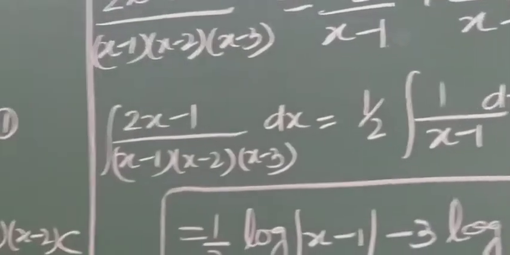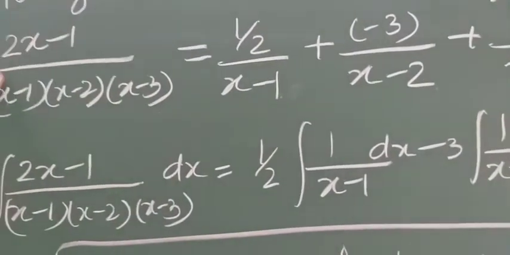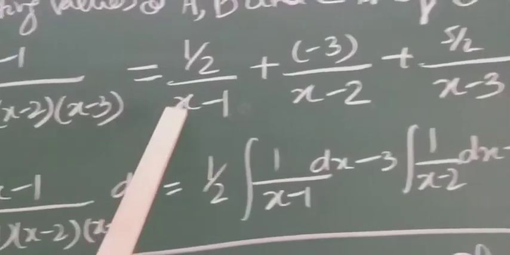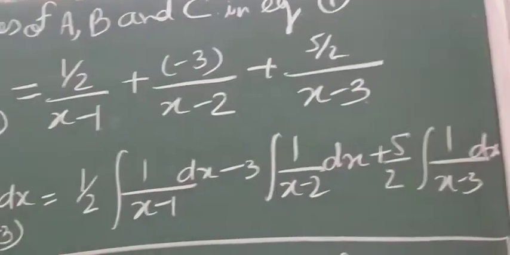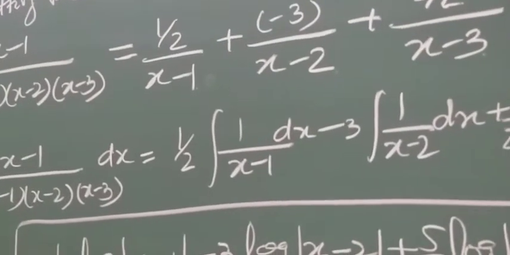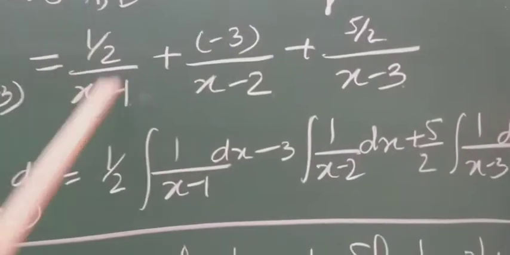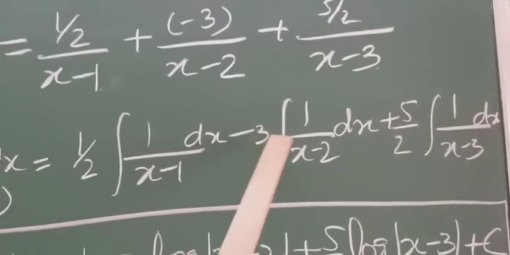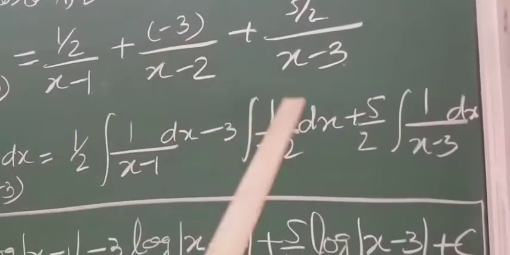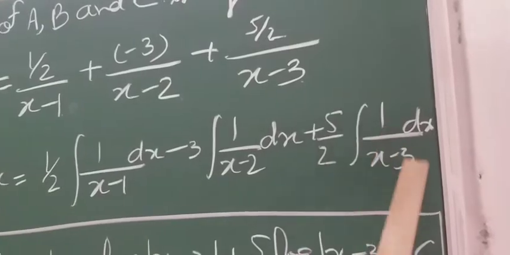Okay, so with the help of partial fractions we can split our quotient into different parts of fractions so that we can easily get its integral. So now 1 upon 2 outside, integration of 1 upon (x - 1) dx minus 3 times integration of 1 upon (x - 2) dx plus 5 by 2 times integration of 1 upon (x - 3) dx.